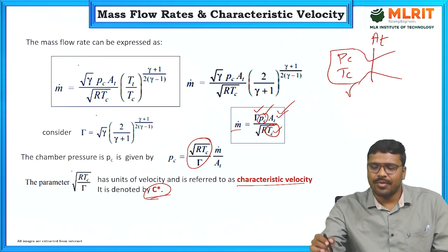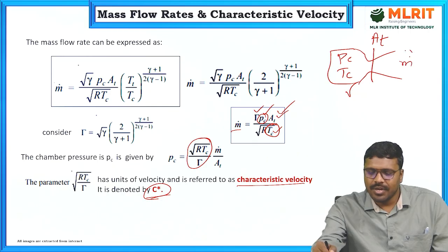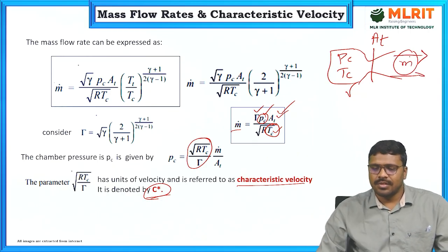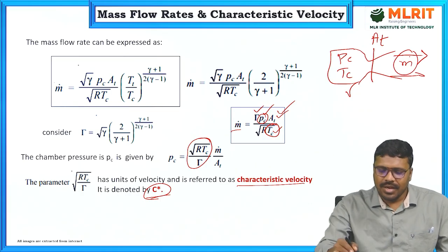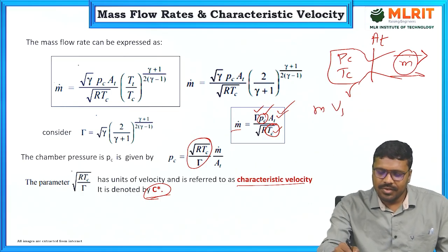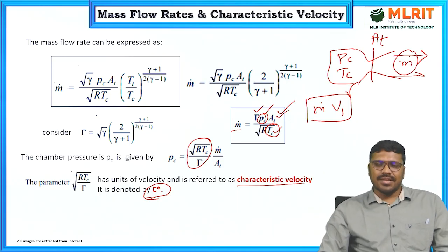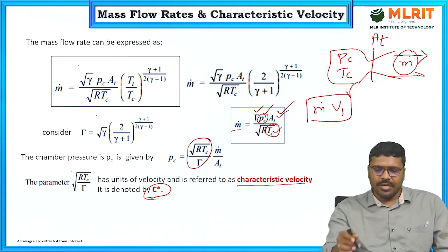Then automatically we can calculate the m dot, the mass flow rate of the gases which are leaving the nozzle. So if you know the m dot and if you know the Vj, then you can calculate the rate of change of momentum of the gases leaving the nozzle, m dot into Vj.